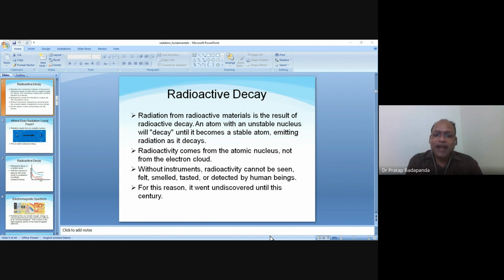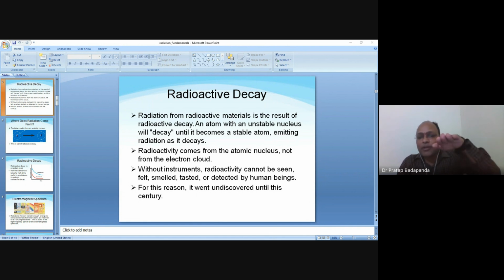Here, an atom with an unstable nucleus will decay, meaning radiate, until it becomes stable, emitting radiation as it decays. What do you mean by decay? The atom is unstable, and an atom always tries to make itself stable.